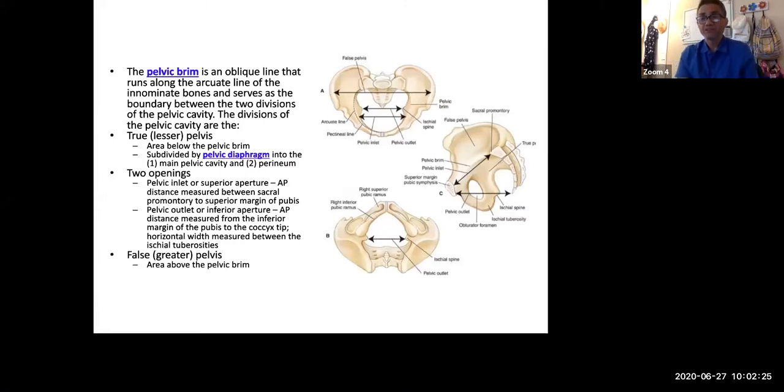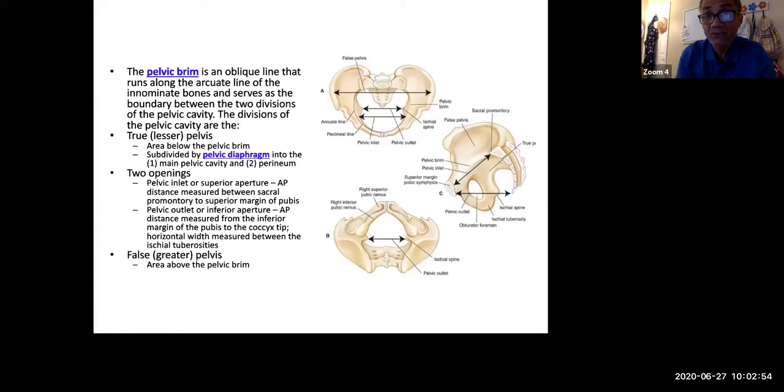As I said previously, to understand the hip or the pelvic cavity, flip a coin upside down. This is the coin. I'm going to flip it upside down. So basically, this is the way your hip cavity looks. And you have the pelvic brim, the one I talked about earlier, correct? Your pelvic brim consists of two lines that delineate it.